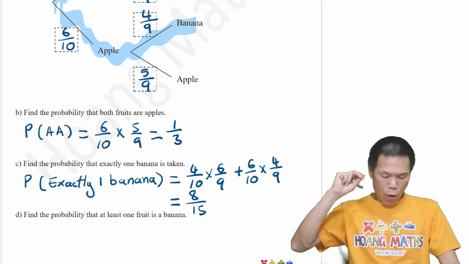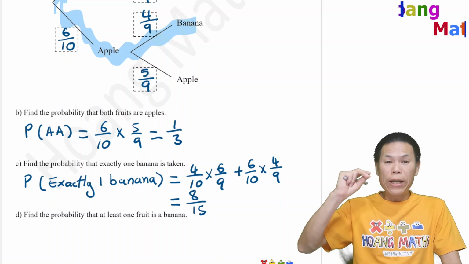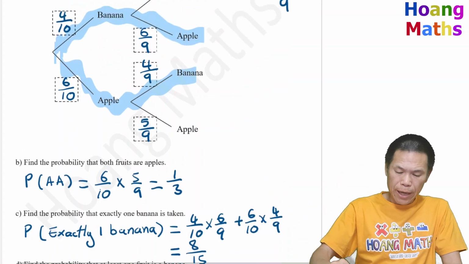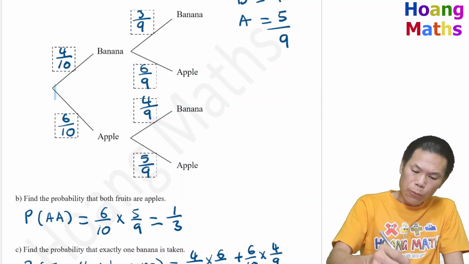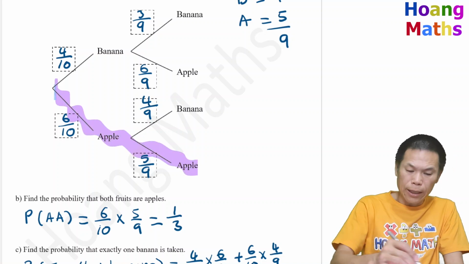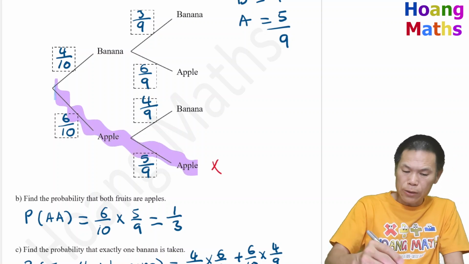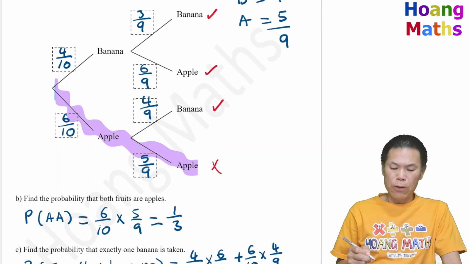So there you go. Patty, find the probability that at least one fruit is banana. At least one fruit is banana. So that means we do not want apple. We don't want this, okay? We want everything else, see? 2 bananas, 1 banana 1 apple, and 1 apple 1 banana. We need this.